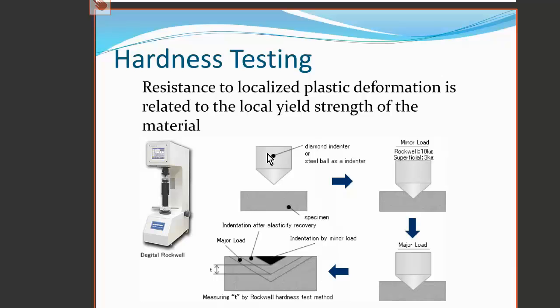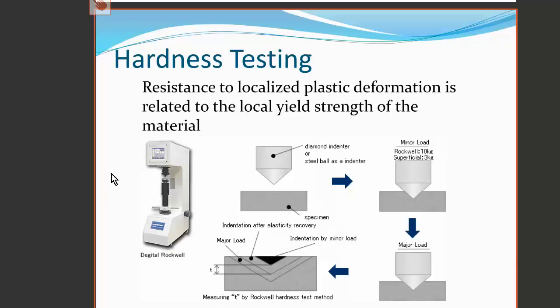Typically, we have a diamond indenter with a specified shape that is pressed into the material with a specified force. We then look at the indent that has been formed. The size of the indent gives us a measure of the hardness of the material. The larger the indent, the less the hardness. The smaller the indent, the harder the material.